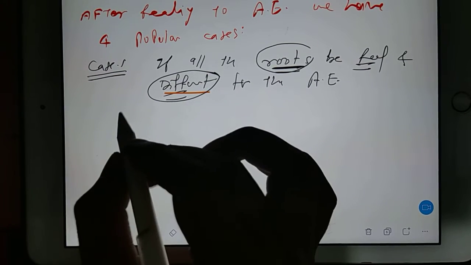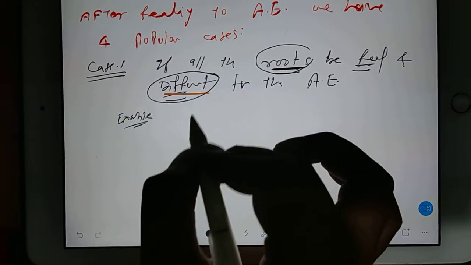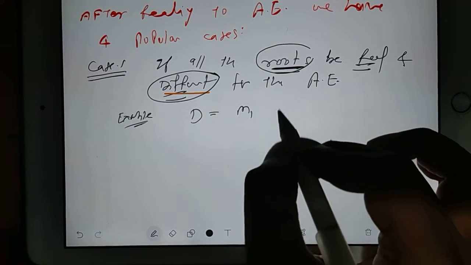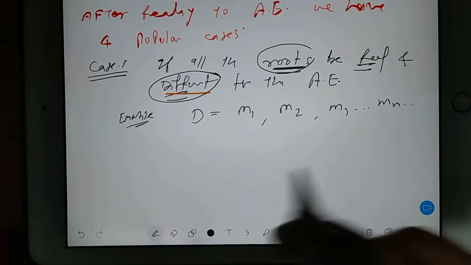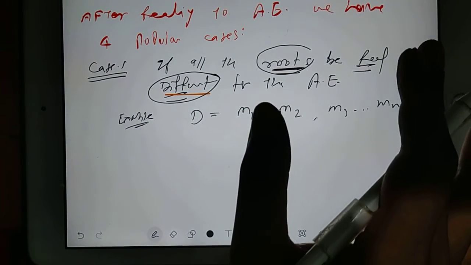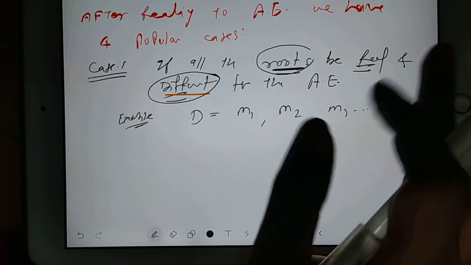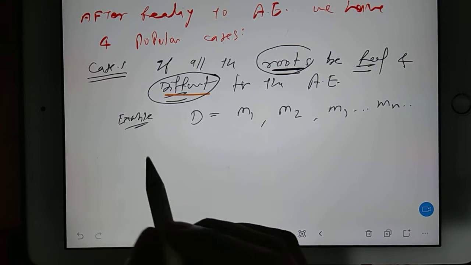For example, suppose you find d values as m1, m2, m3, up to mn, so many roots. After getting all these roots, we have to find the solution. What kind of solution will we have?